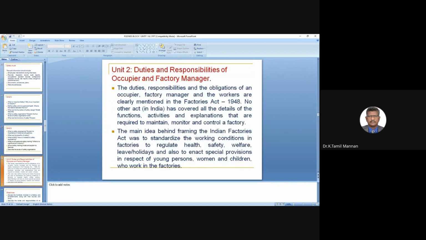Now we are going to discuss unit 2. Unit 2 mainly focuses on the duties and responsibilities of the occupier as well as managers.